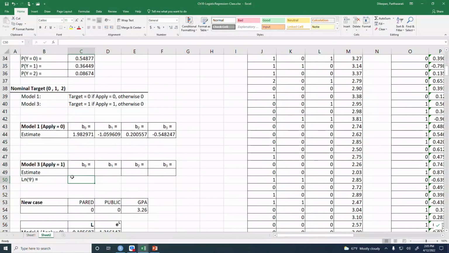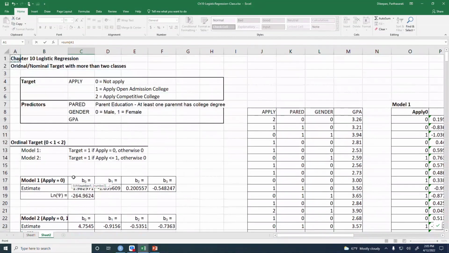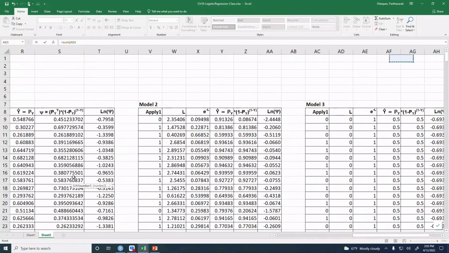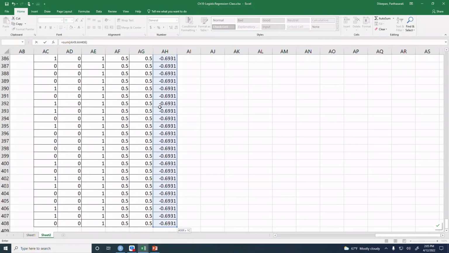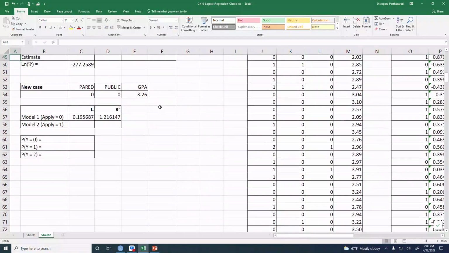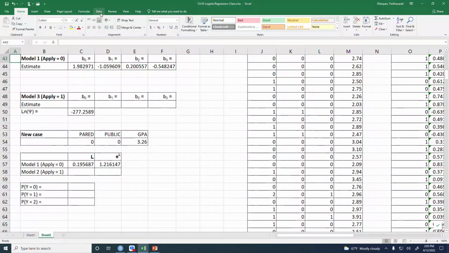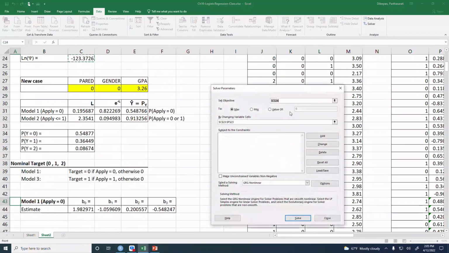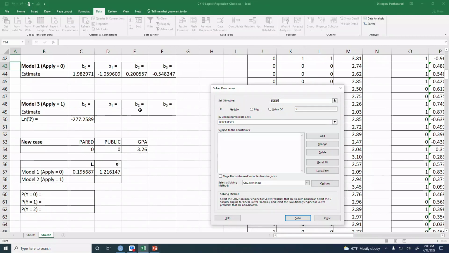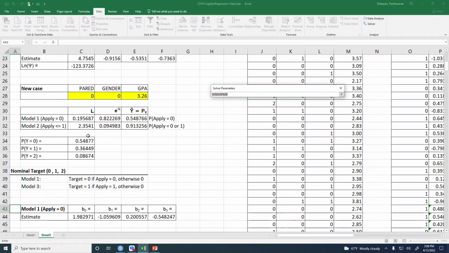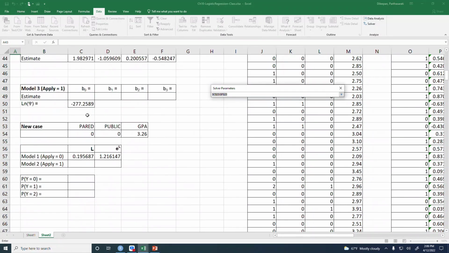So we do the sum of that, and then run solver. Now in solver, we need to change the objective cell to that, and the changing cells to these.